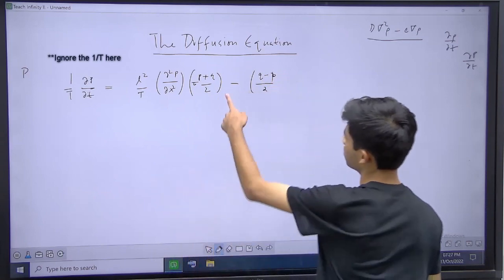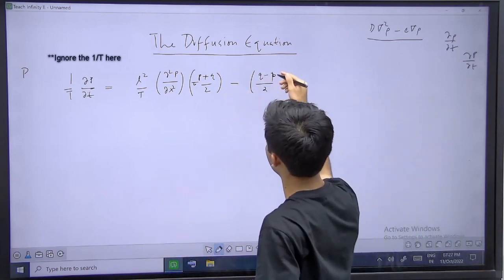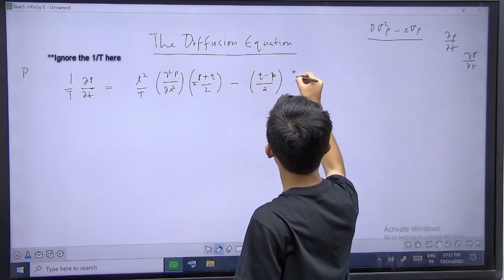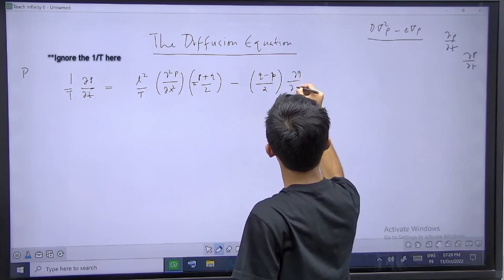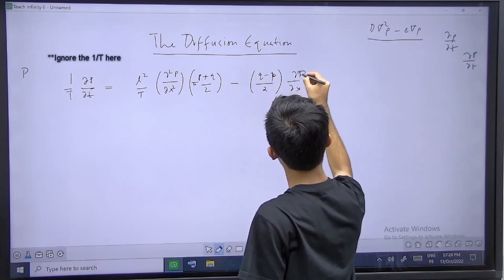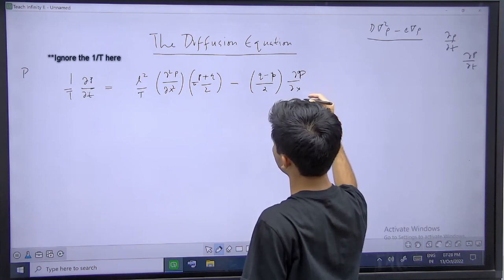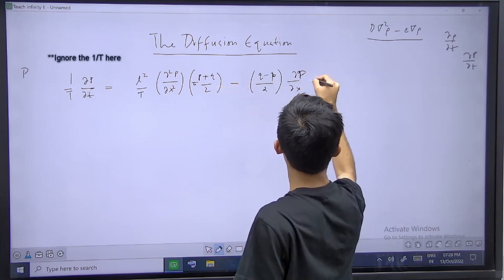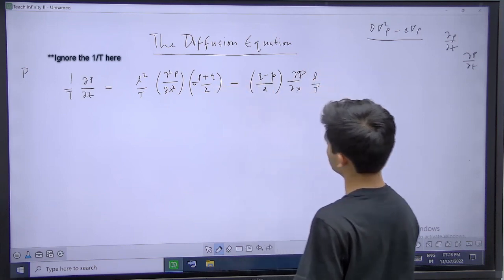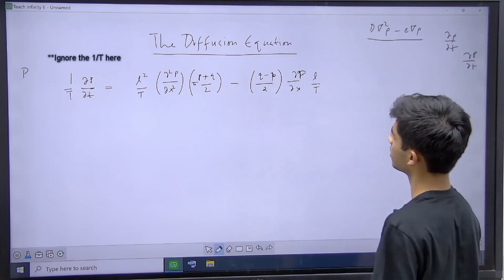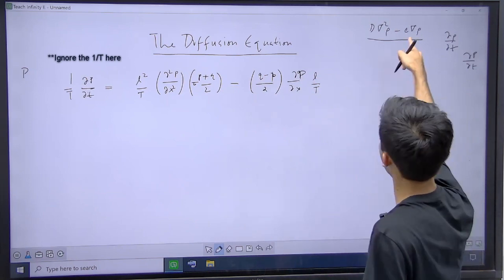It was P minus Q added, so I subtracted, minus Q minus Q, and del P by del X times L over T. Correct? And this looks a lot like that.